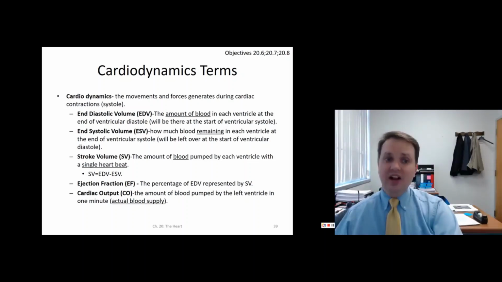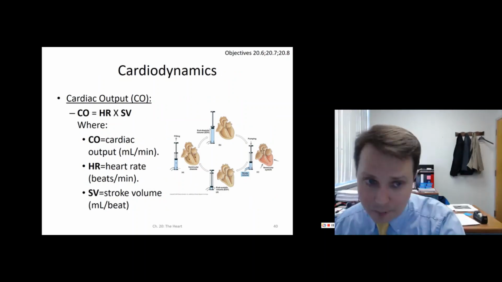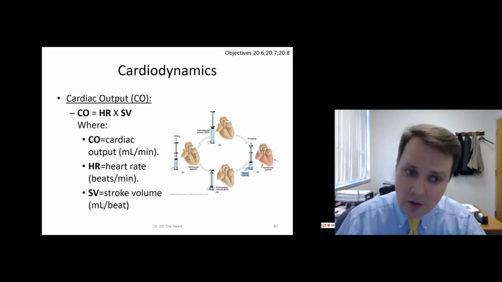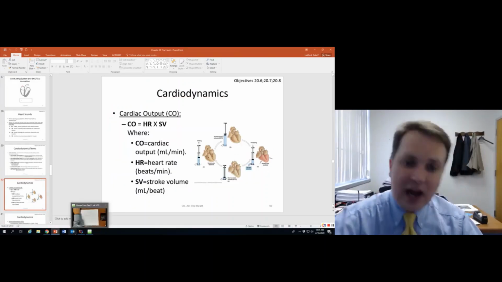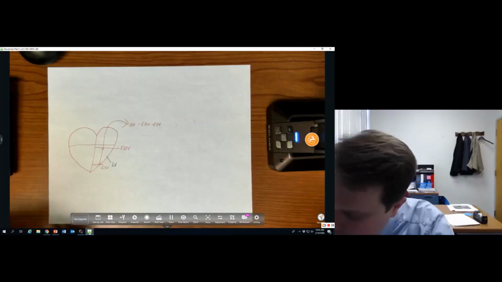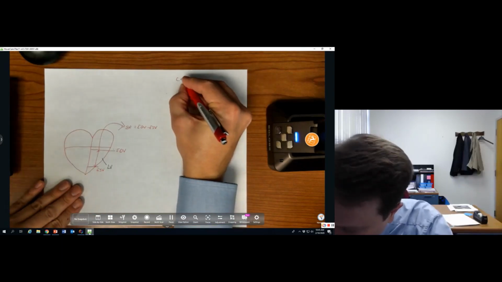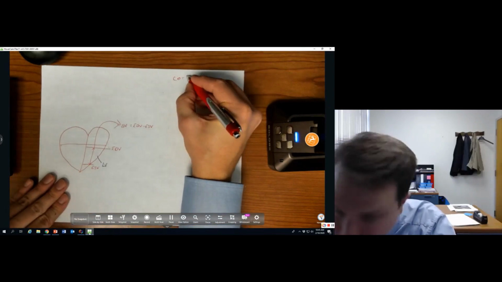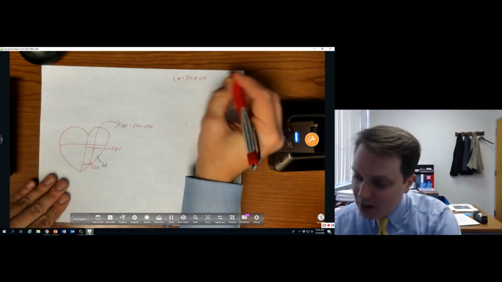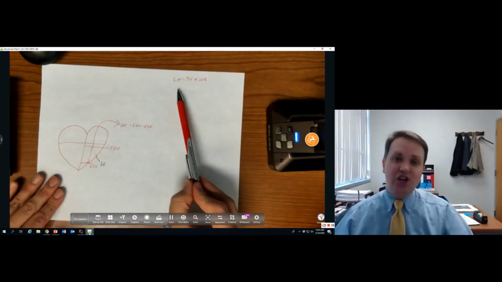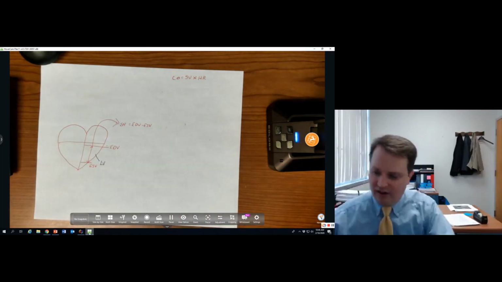Now, the first thing is going to be cardiac output. We want to make sure we can calculate your cardiac output. Cardiac output, CO, is your stroke volume times your heart rate, or heart rate times stroke volume, because with multiplication and addition, the order of these does not matter.